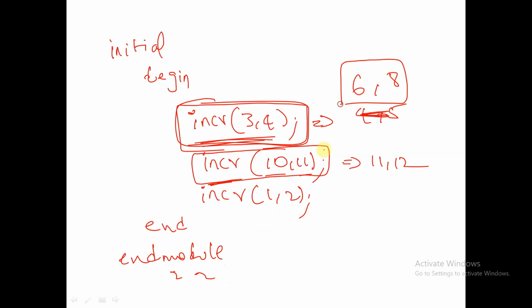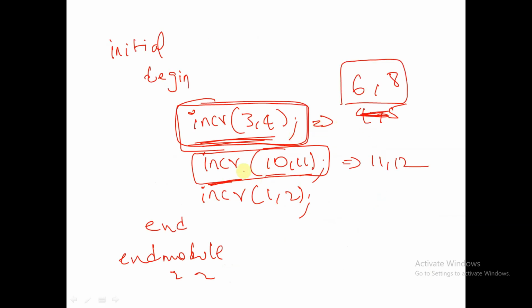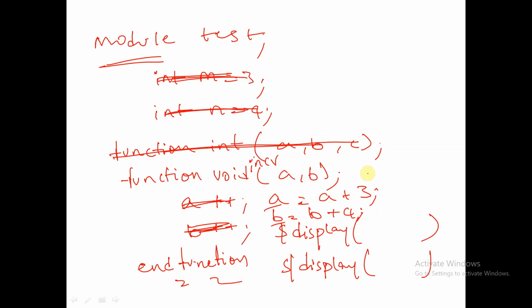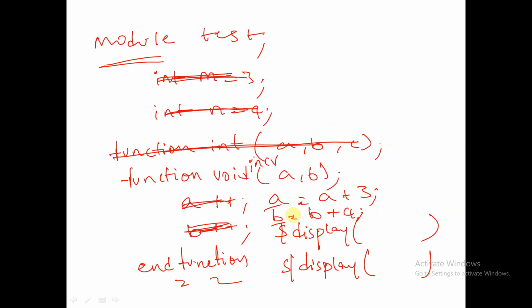Is this okay? So I'm changing the logic. Next, I'm calling again the function incr and passing the values of 10 comma 11. So what will be my values of a comma b? I'm passing 10 comma 11. 13 and 14.